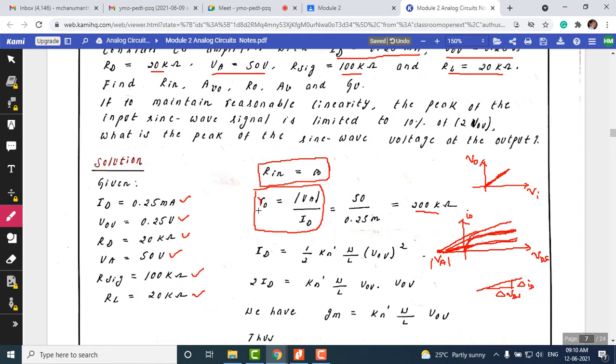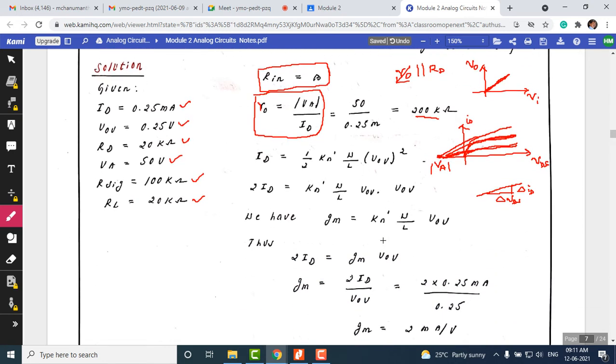That's why we ignore this. R naught always appears in parallel with RD in the output, and since it is very large, in a parallel combination the larger value can be ignored and the smaller value considered. That's why we ignore this value in most of our analysis.